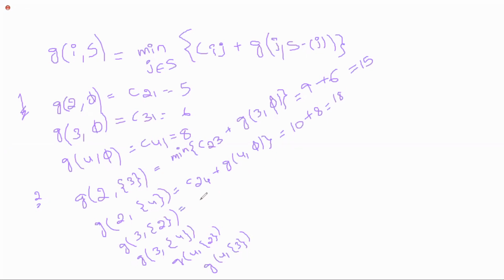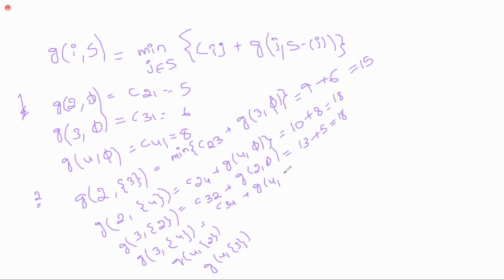Next this one. C32 plus G of 2 comma empty. What is C32? 13. 13 plus what is G of 2 comma empty? 5, right? Which is equal to again 18. Next, C34 plus G of 4 comma empty.